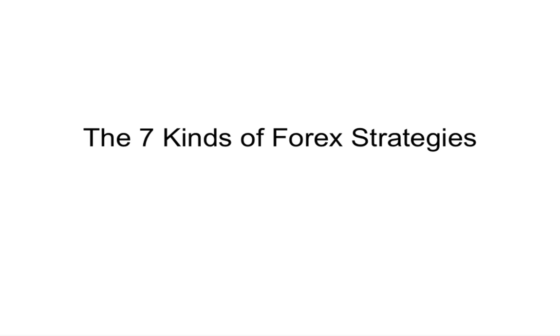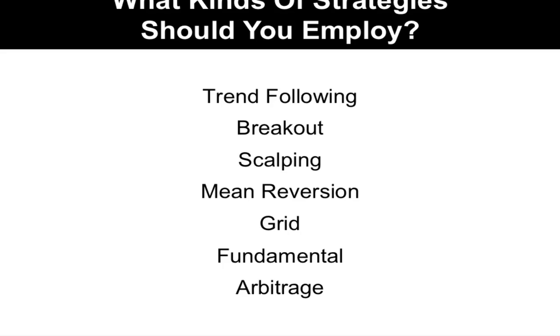So let's look at the 7 types of trading strategies, and I'm going to briefly break down each one and how you can employ those particular strategies in your trading. So here are the 7 kinds of strategies that we look at when we're looking to meet our objectives. Now, in my experience trading over the last 10 years, I've found that some of these strategies are going to be more effective than others, more consistently.